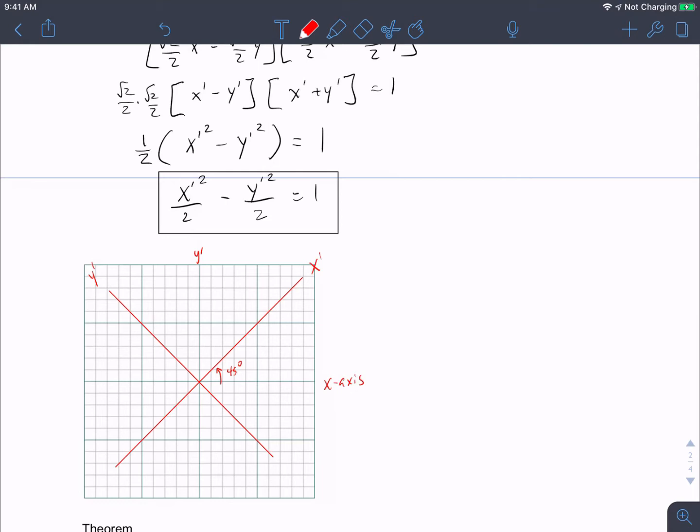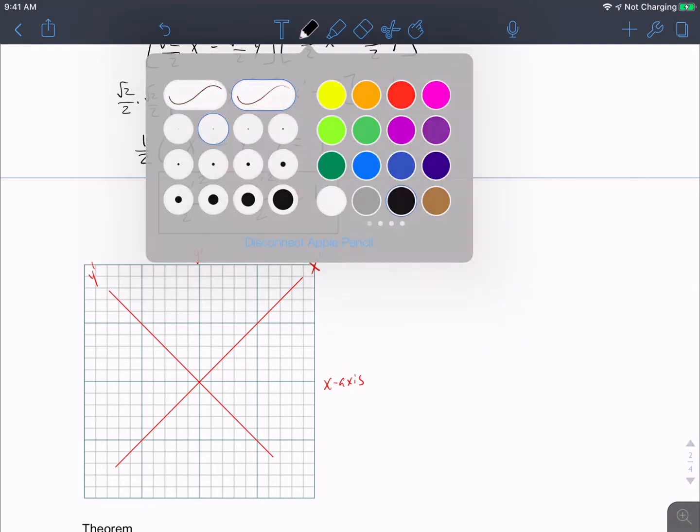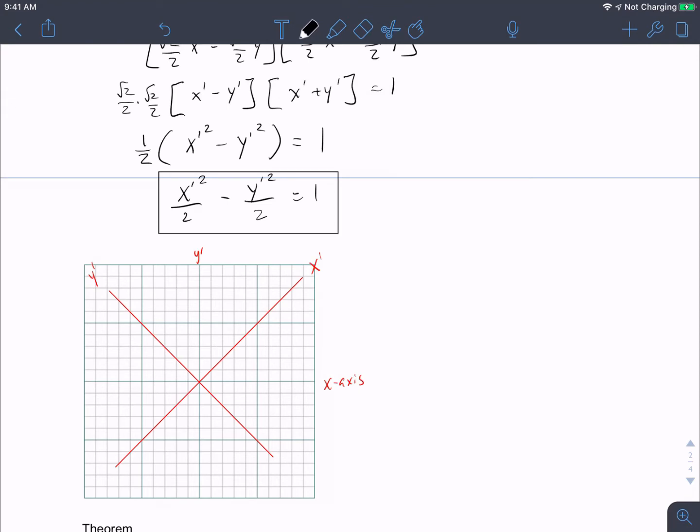Now, to graph this thing, we've already done this. So remember, I would draw my box, and so we can see that since this is a hyperbola, my x squared term is positive. So in terms of x, it's going to be opening along the x-axis, or the x prime axis in this case.